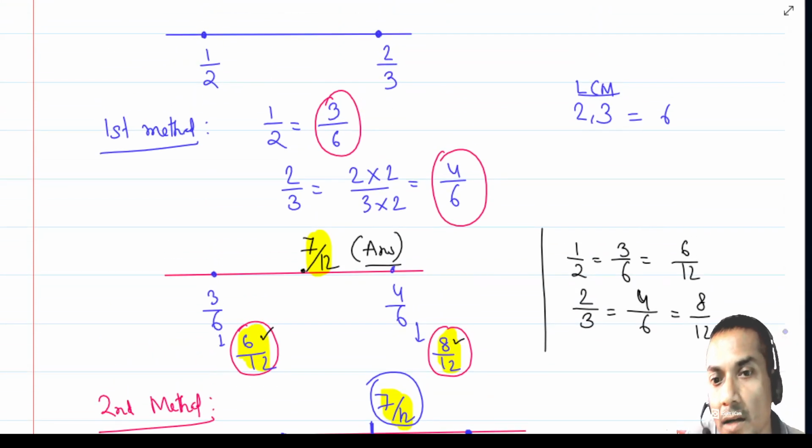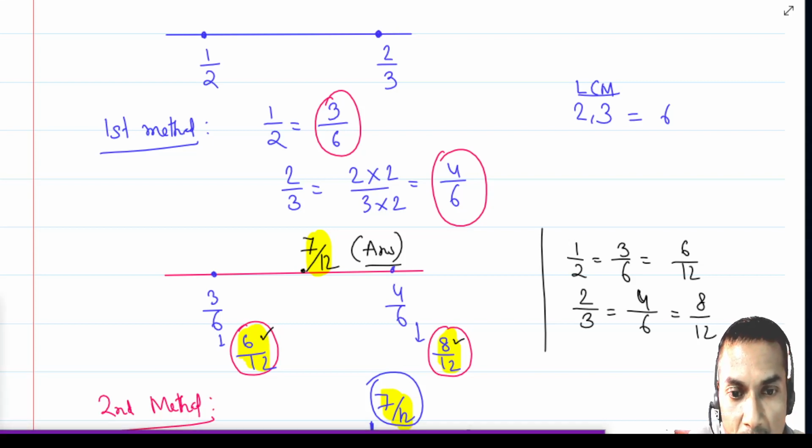Now one thing I forgot to tell you. Why do 3/6 and 4/6 lie in between, and 7/12 too? We can easily identify the position through decimals also. Let's check. Consider 3/6.